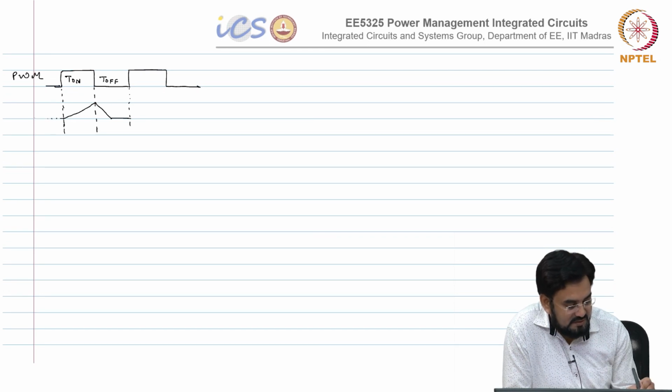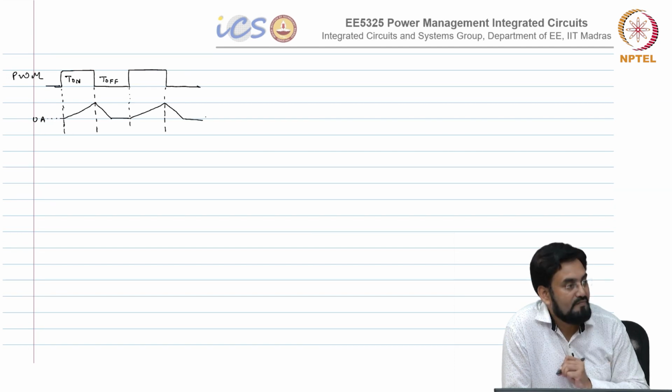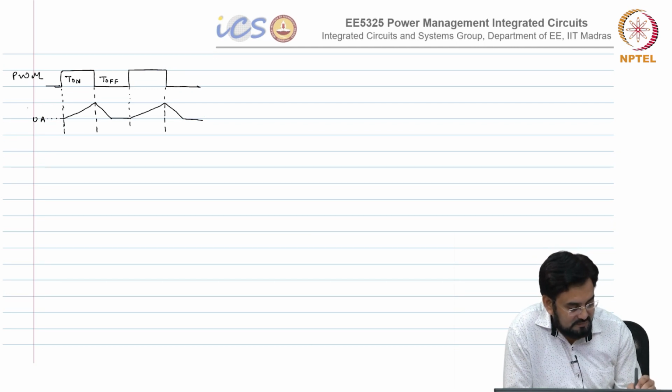So, this is your 0 amp point. Then again it will rise and do the same thing. Inductor current.